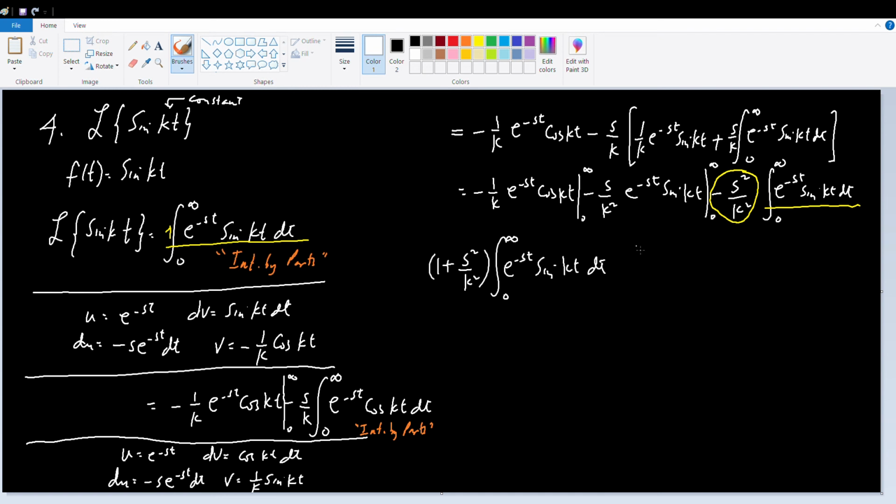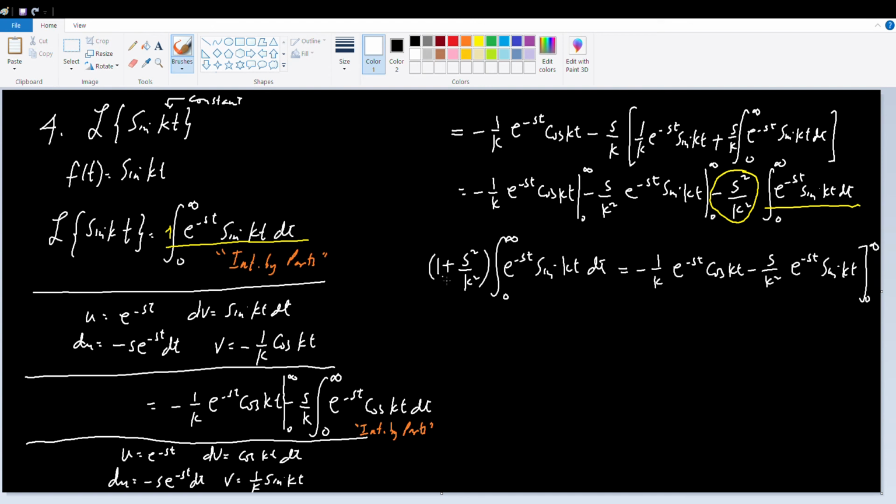Alright? And that will be equal to negative 1 over k e to the negative st cosine kt minus s over k squared e to the negative st sine kt from 0 to infinity.